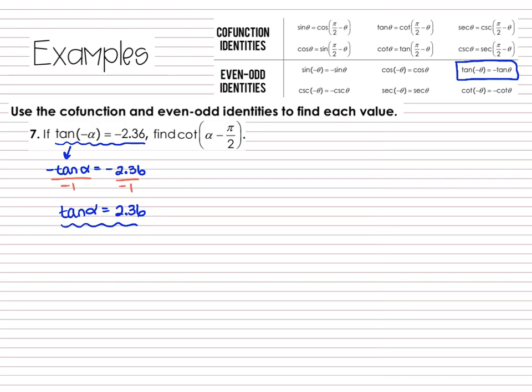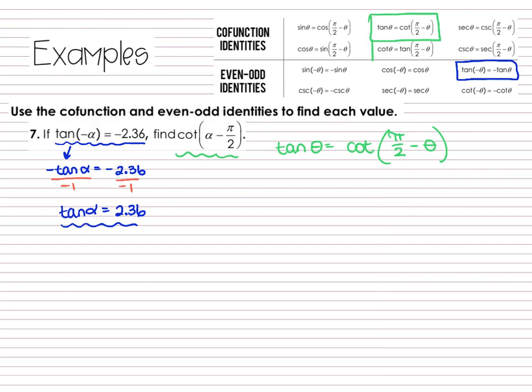Now we have to look at the second piece. The second piece tells us that we're looking for the cotan of alpha minus pi over 2. So I'm going to go up and find my cotan expression. It's this one. But now we've got a problem. This expression says that the tan of theta is equal to the cotan of pi over 2 minus theta, or alpha, either way.